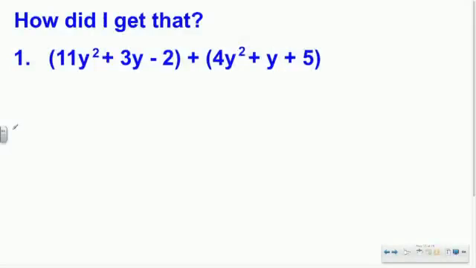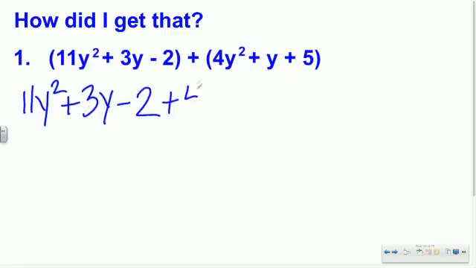All right, so if you want to see how I did that, keep on with me. Okay, so remember, step 1, when you're adding, essentially you're just breaking those terms out of the parentheses. So 11y squared plus 3y minus 2 plus 4y squared plus y plus 5.